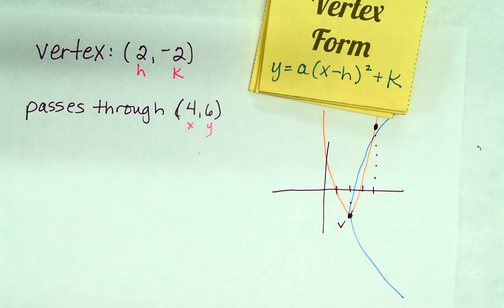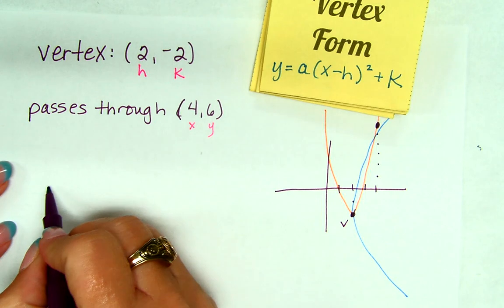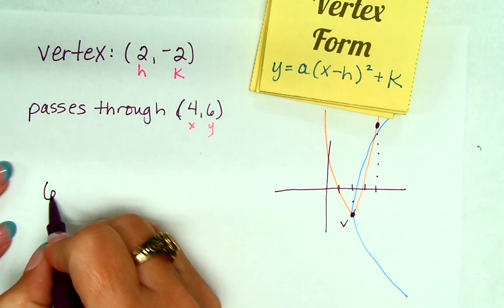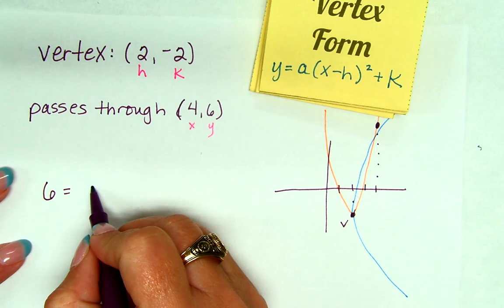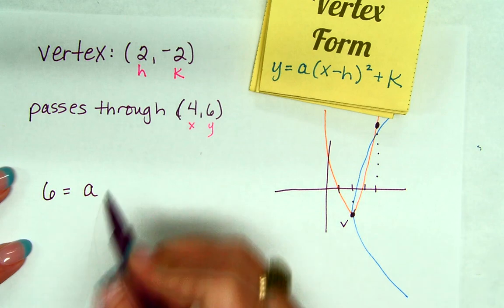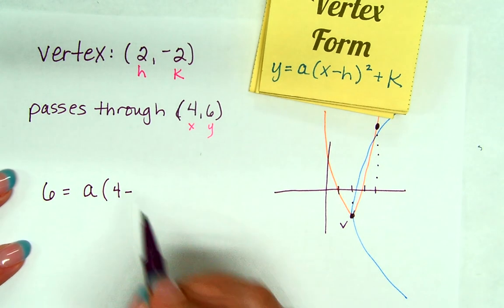A, exactly. Okay? So plug everything in that you know into this equation right here. What do you know? You know y is 6 equals a, times x, 4, minus h, 2, squared, plus k, minus 2. Do we know a? No, in fact, that's what we're trying to find, isn't it?